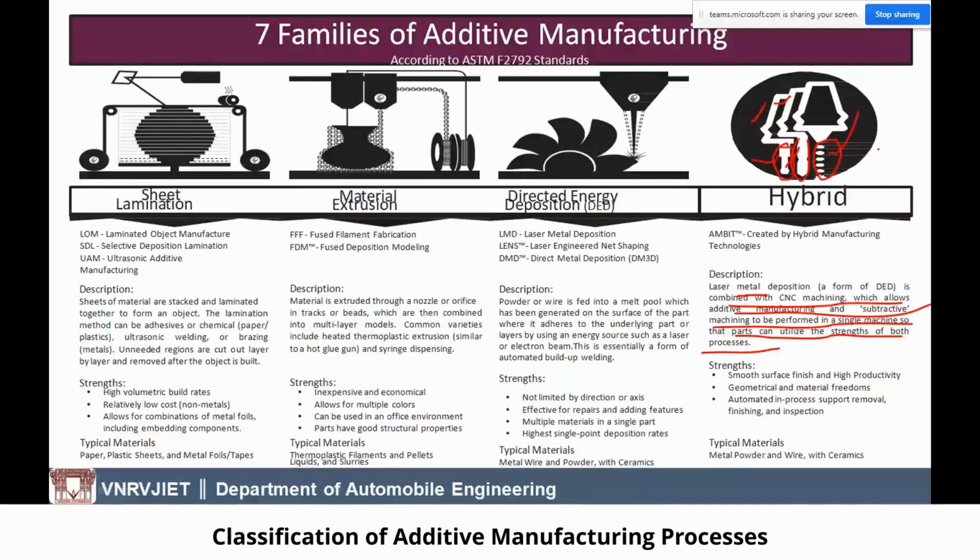So these are the 7 plus 1 families of additive manufacturing as per ASTM F2792 standards. Okay, so that is about that.